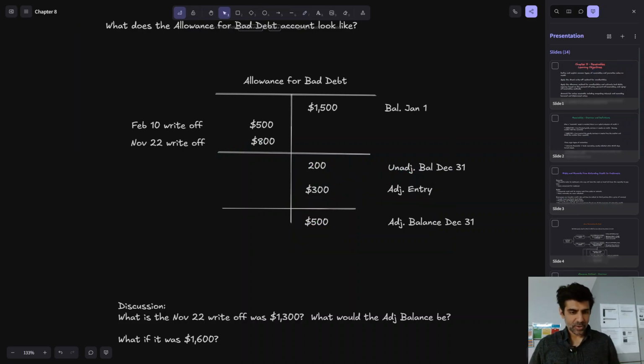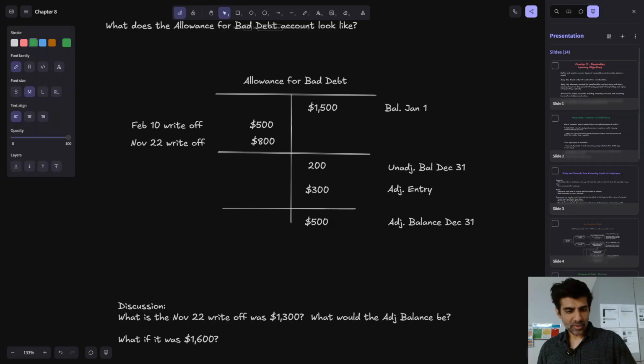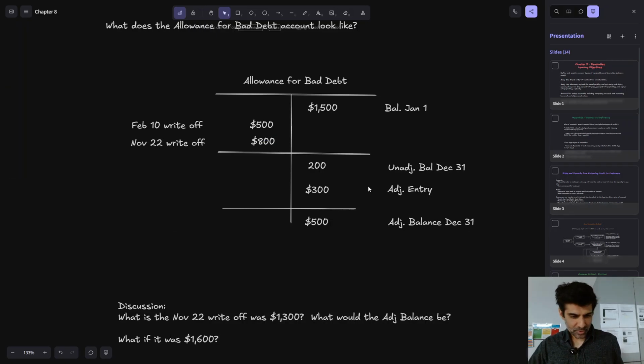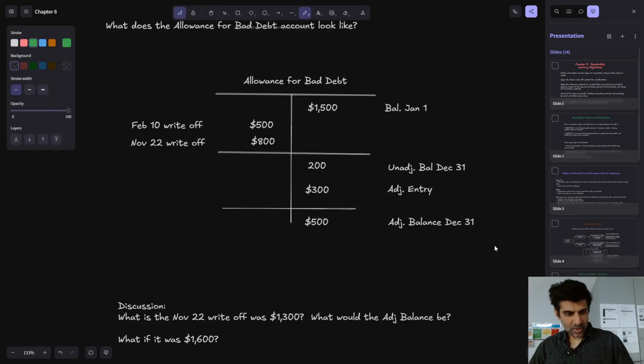Now if this was even larger, let's say it was 1,600, this is now 2,100, 15. So this is a $600 debit balance.